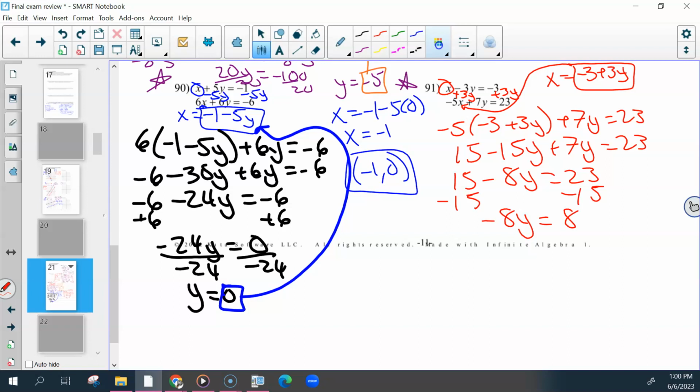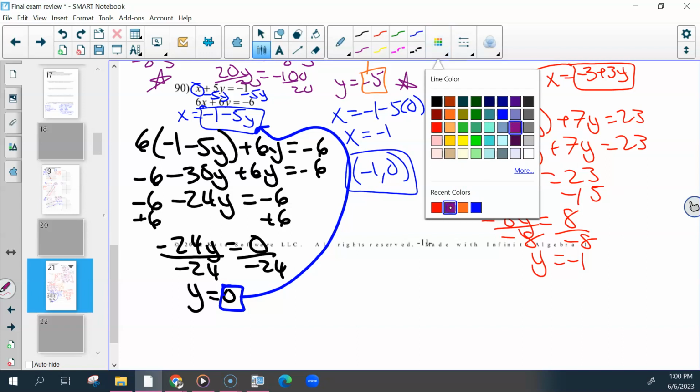And divide. And then take that y value and put it back in for x. Sorry, put it back in for y to find x.